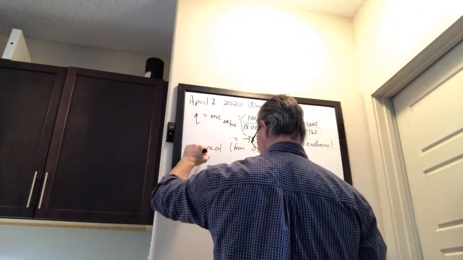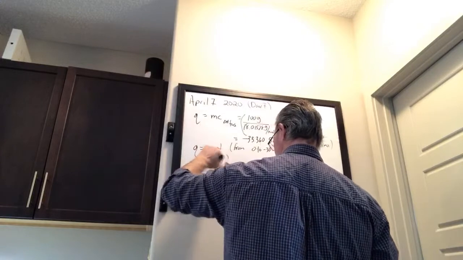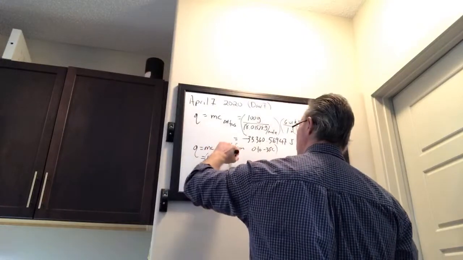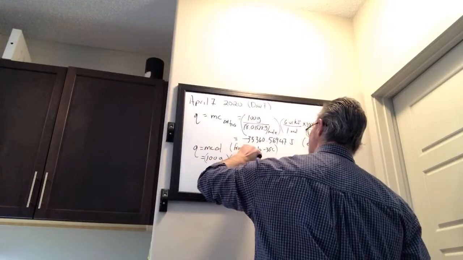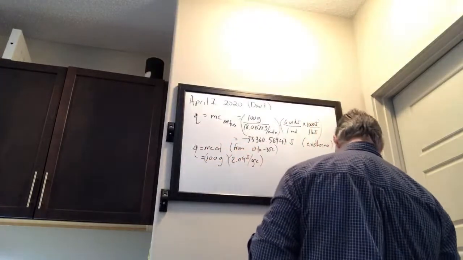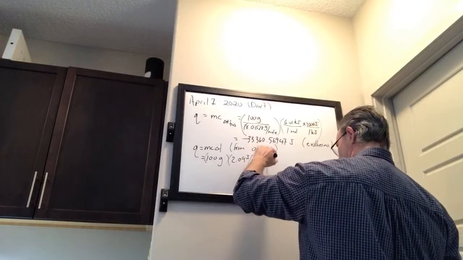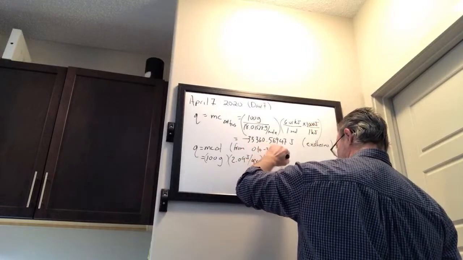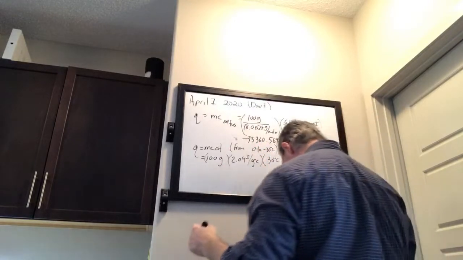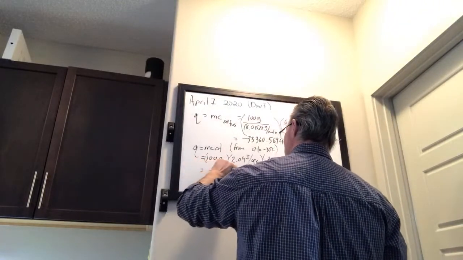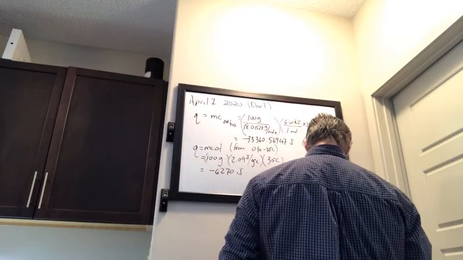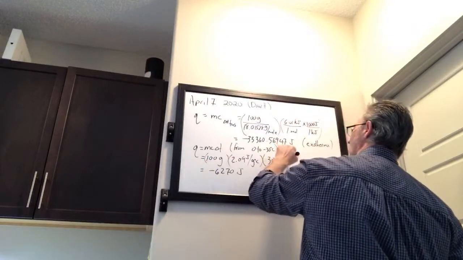So you're going to say 100 grams of ice times the specific heat of ice, which is 2.09 joules per gram degree Celsius, times a 30-degree temperature change. Don't worry too much about the sign, we'll put it in later. We know it's exothermic. So the end result is negative 6,270 joules. And this is all cooling the ice.